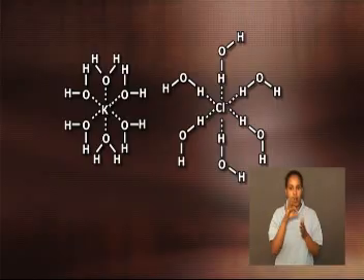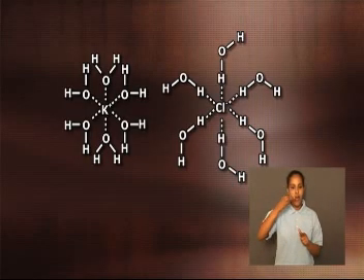This allows them to move into the solution as hydrated ions. Thus, when a solute particle becomes surrounded by solvent molecules, we say that it is solvated. When the solvent is water, we call the process hydration. This image shows a potassium chloride molecule being solvated or hydrated.